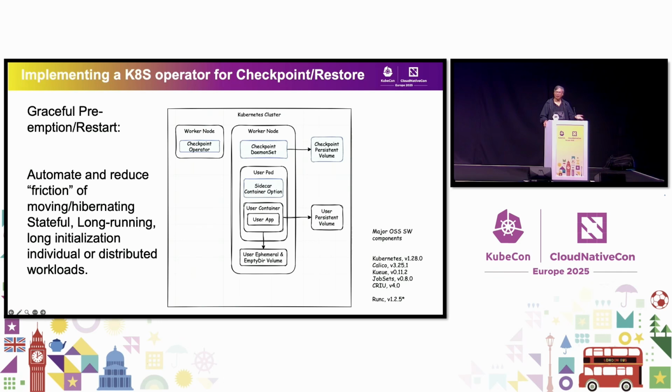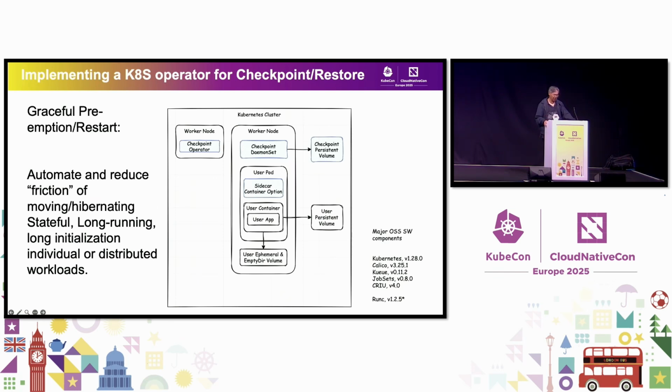And a lot of AI, ML workloads have that kind of characteristic. There are two ways we can implement this: one is as a sidecar, or we can deploy this via daemon set. So for the purposes of using this for node maintenance, we're implementing this as a daemon set deployment.